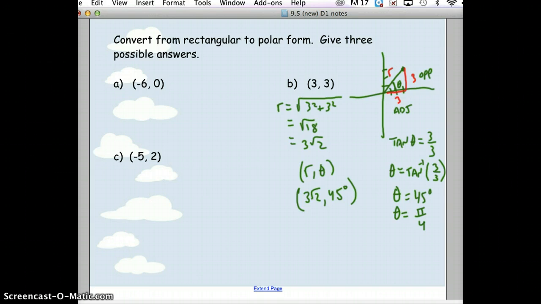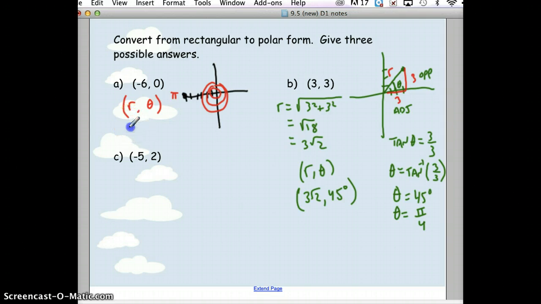Some of them are going to be really easy, especially if you graph them out first. So this is 1, 2, 3, 4, 5, 6, negative 6, 0. Well, if we're going to put that into polar, all we need is the radius and the theta. So if I'm saying that the angle is pi, I'm moving toward pi, 6 out, like 6 rings, if I were to make these into rings.